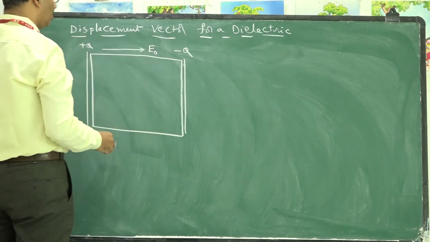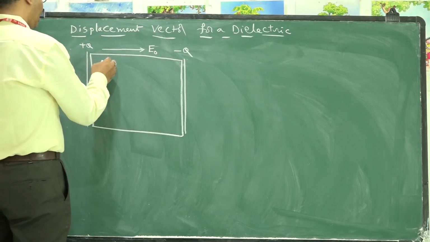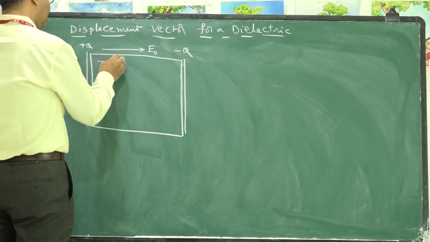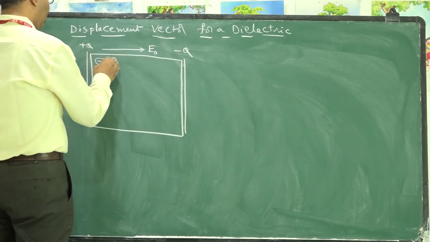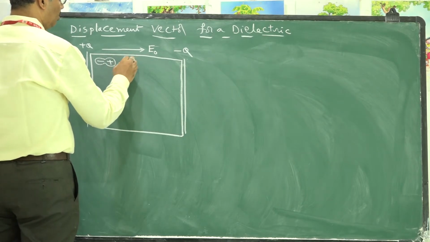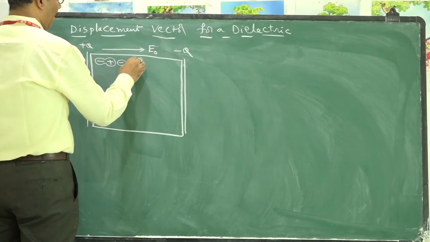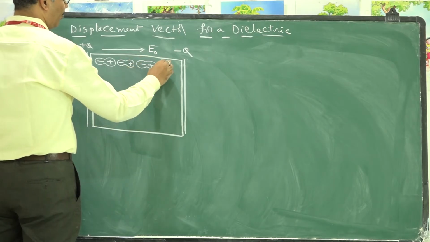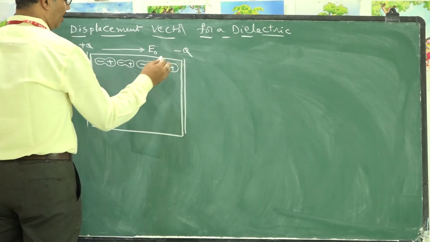In the presence of this electric field, all the dipoles inside this are orienting themselves like this: negative, positive, negative, positive, negative, positive, like this.